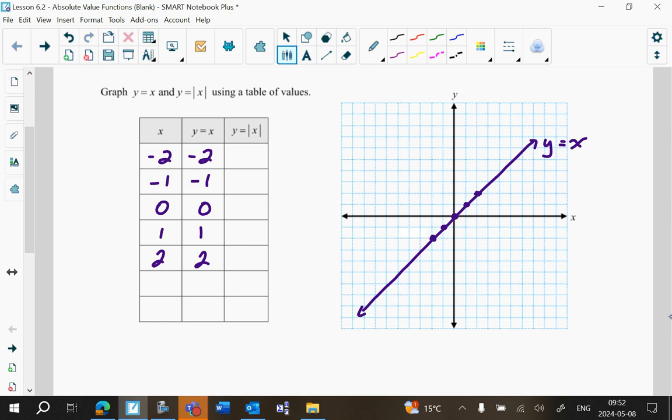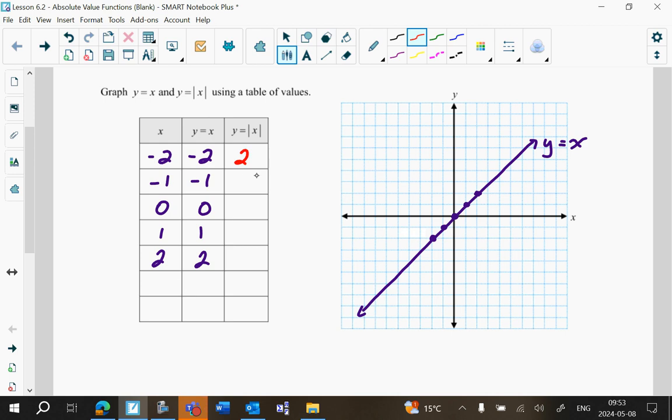Now, what if I put the absolute value bars in? What's going to change? So I'm going to do this in a different color. If I plug negative 2 into here, what does y work out to be? Positive 2, right? Because the absolute value of negative 2 is positive 2.